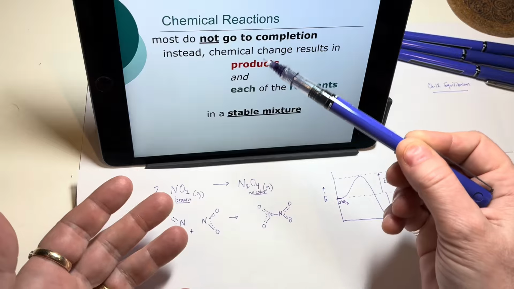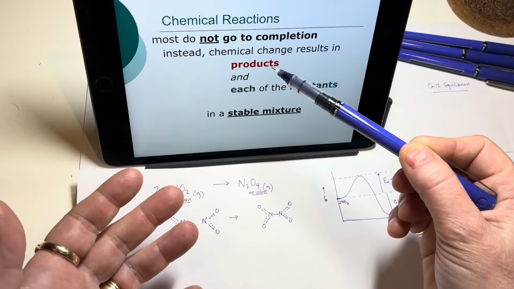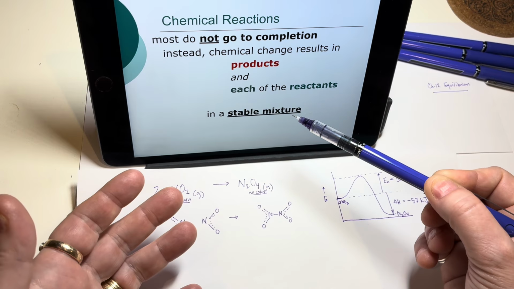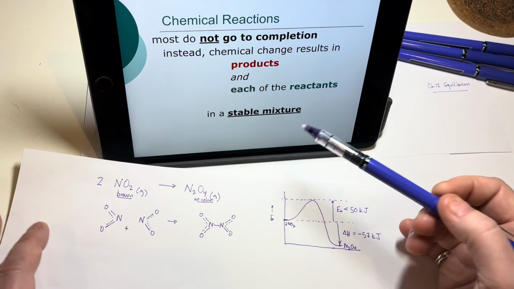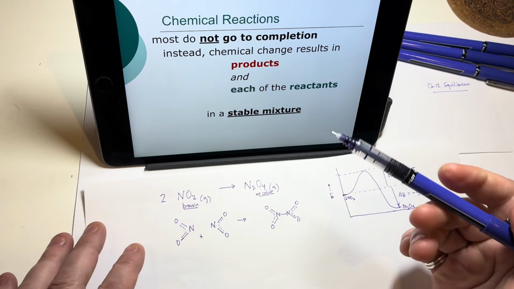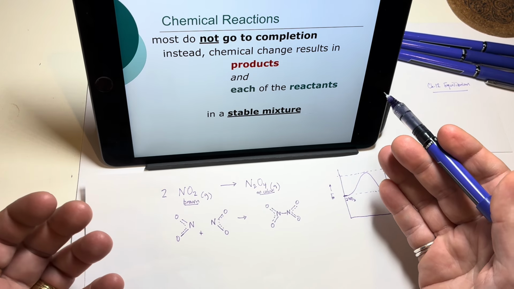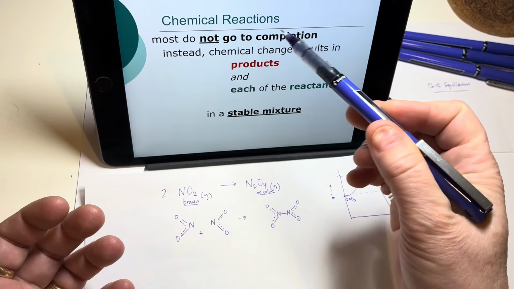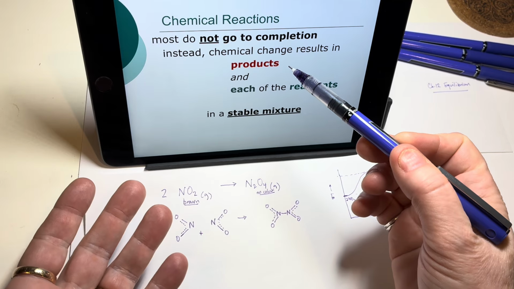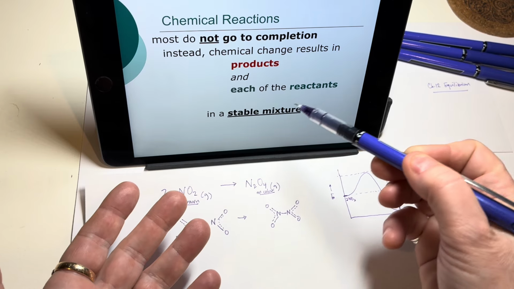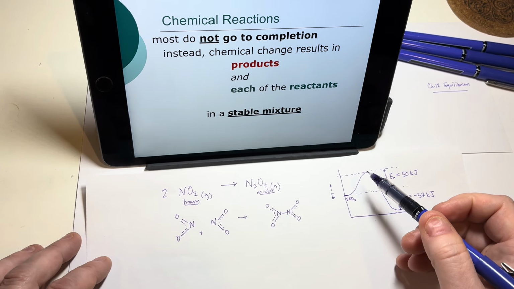That mixture will not result in any more product, and it still has reactants in there. This is weird, but most chemical reactions do not go to completion. So it must be a pretty important idea. Do not go to completion means it can't. Instead, we get a mixture of products and each of the reactants.